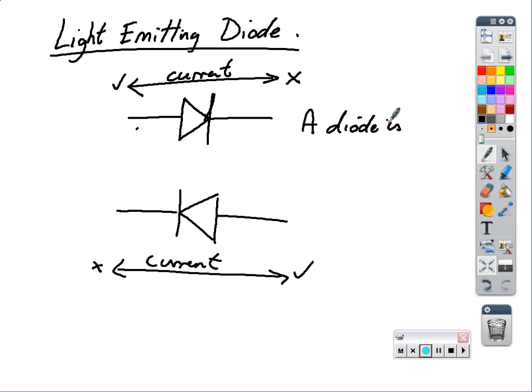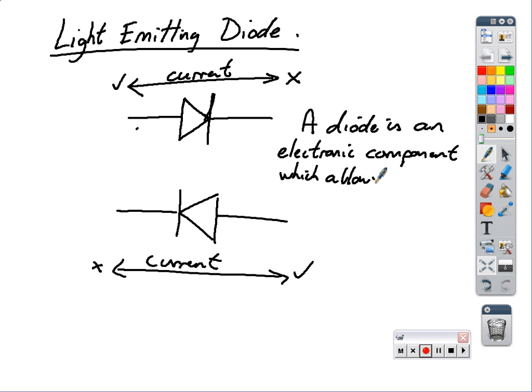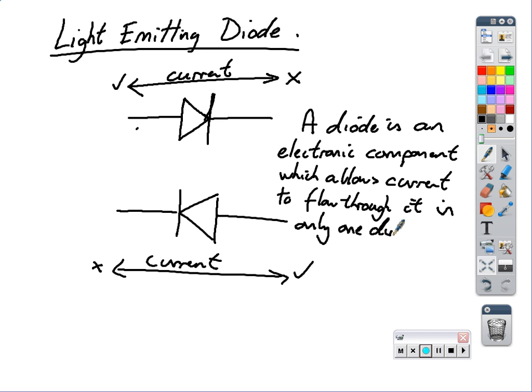A diode is an electronic component which allows current to flow through it in only one direction. Okay? So only one direction can current flow through a diode.